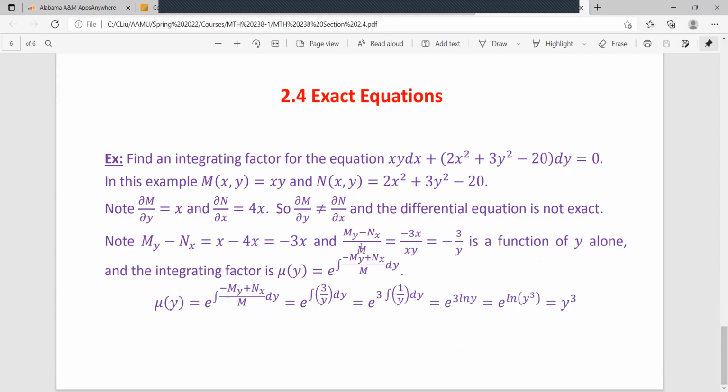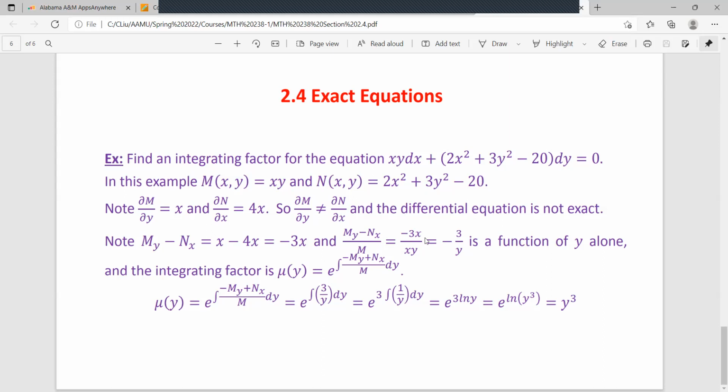This problem fits in the same case. So partial M partial y minus partial M partial x is just x minus 4x, so that's negative 3x. And if you divide by M, where M is just xy, you get negative 3x over xy, and you cancel x, you get negative 3 over y. And that is a function of y only.